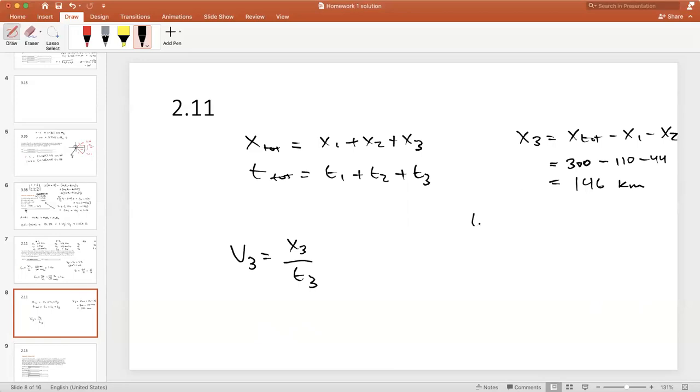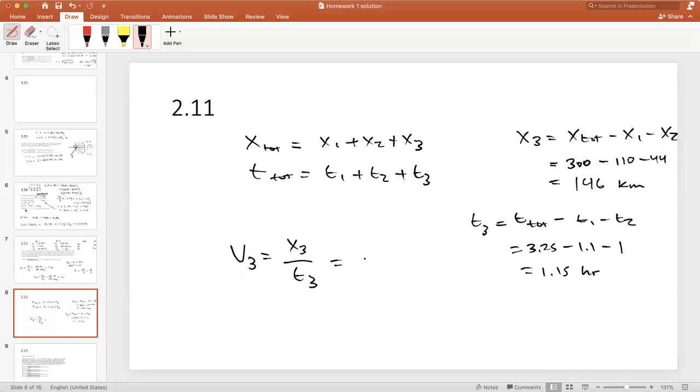Now time 3 is the total time minus time 1 minus time 2. And this was 3.25 hours. Time 1 took us 1.1 hours, and time 2 took us 1 hour. So the time we have left is 3.25 minus 2.1, and that's 1.15 hours.